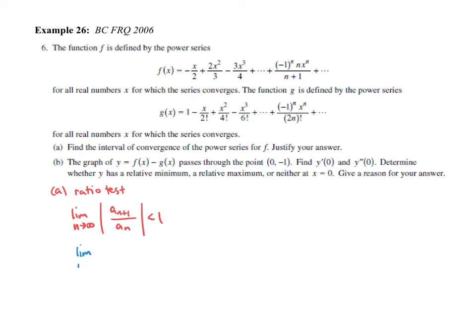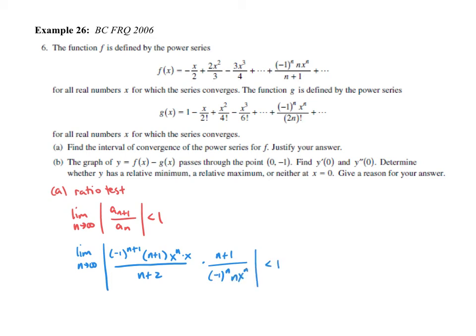So I have the limit as n goes to infinity, and I'm looking at the series for f. So we have negative 1 to the n plus 1 times the quantity n plus 1 times x to the n times x over n plus 2 times n plus 1 divided by negative 1 to the n times x to the n.